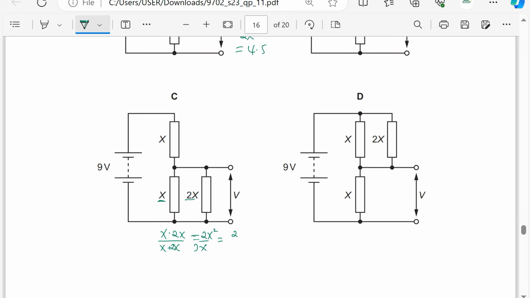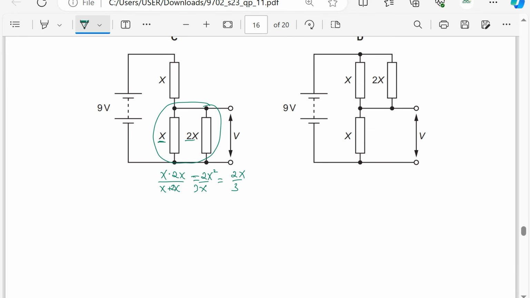So this is going to be 2x over 3. So the resistance here is 2x over 3. But then our total is going to be 2x over 3 plus x, because the other one is in series. And I think this is 5x over 3.